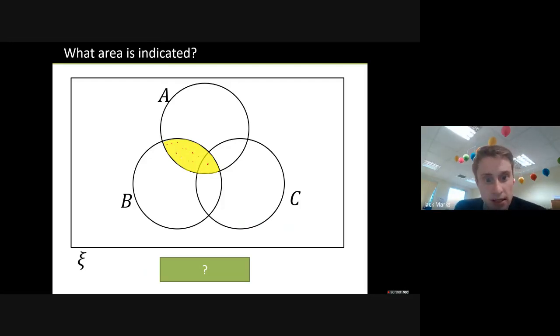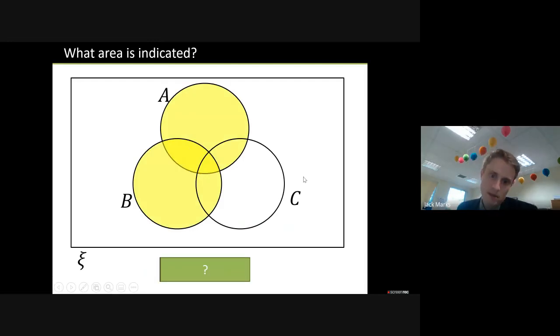So this part here is A intersection B, and also not C, whereas this part here is A and B and C. So if I wanted to make it look similar to the other one, it would be like that. So the C part doesn't seem to be important for what's shaded here. It seems to be about A and B. Okay, and in fact, that's what it is.